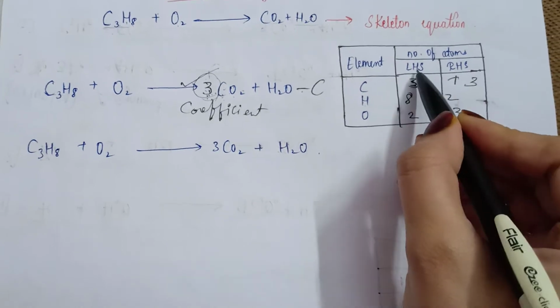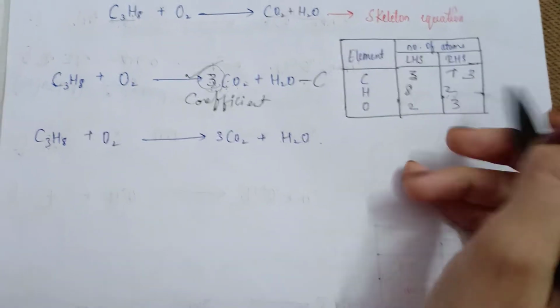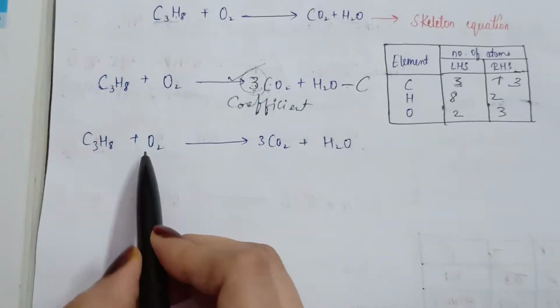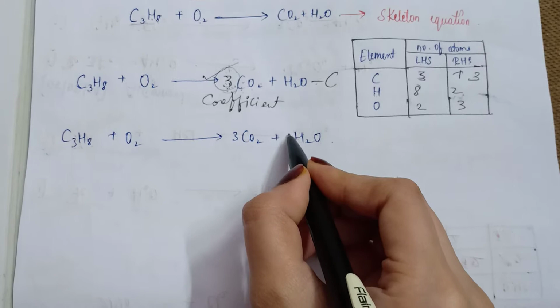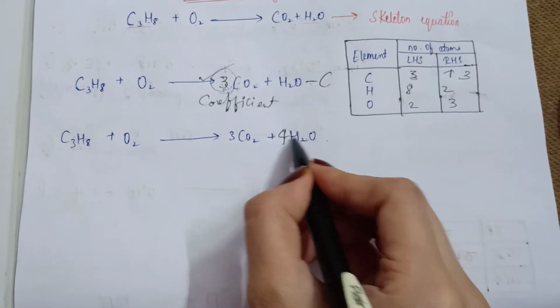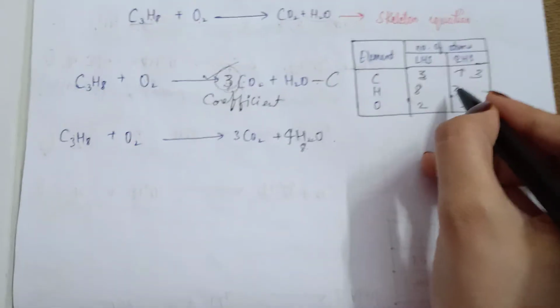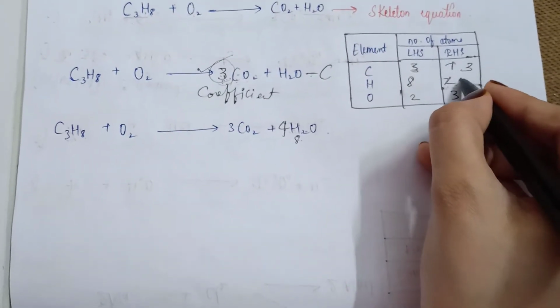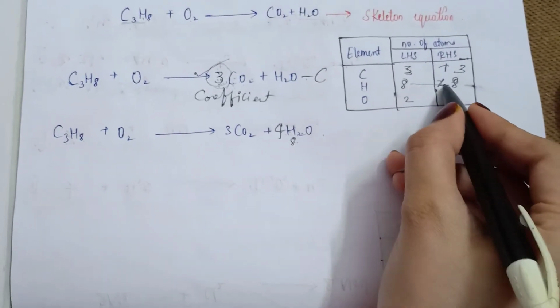Here we have 8 hydrogen on the left hand side, and on the right hand side only 2 hydrogen. So if we multiply this hydrogen by 4, then what happens? 4 times 2 is 8. So here 8 hydrogen, here 8 hydrogen. So cut the 2 here and write 8. So we have balanced our hydrogen also.